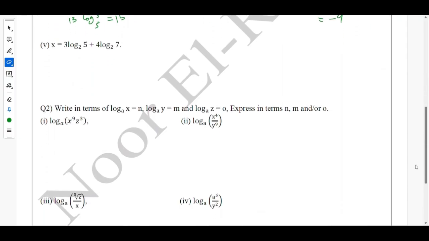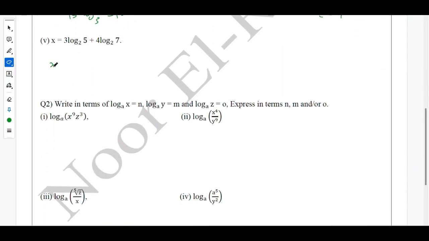The last one, x equals. Now I have two problems: I have a coefficient and addition, and the good news is that they are sharing the same base. So I'm going to move the coefficient to be a power before I combine.